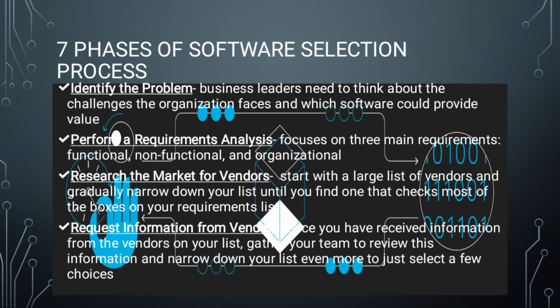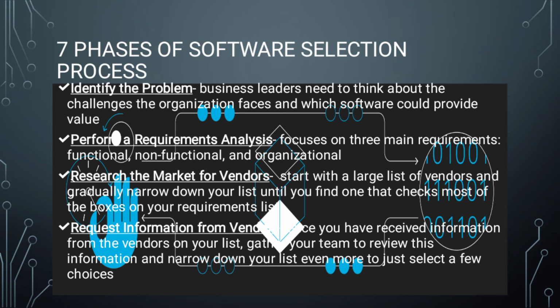It is obvious when an organization needs a software, but it's important to determine what constitutes the best software for your unique business situation. It means that business leaders need to think about the challenges the organization faces and which software could provide value. Without this information, the rest of the software selection process will be unfocused.